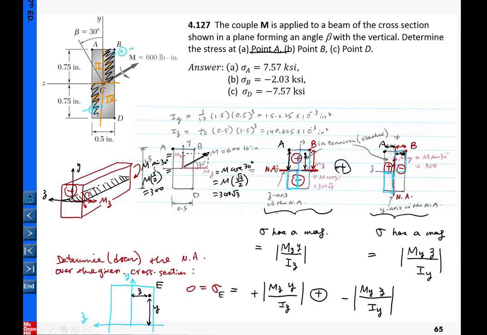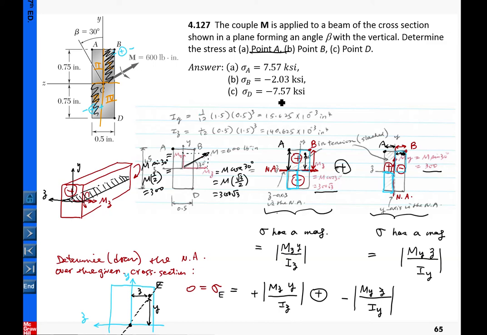Okay, and from here we also know that when Y and Z are both 0, indicating the origin here, this will also equal 0. So once we figure out the YZ, we simply link the 2 points together. That will be the orientation of the neutral axis. In this case, we are given MZ equal to 300 square root of 3, and MY equal to 300.